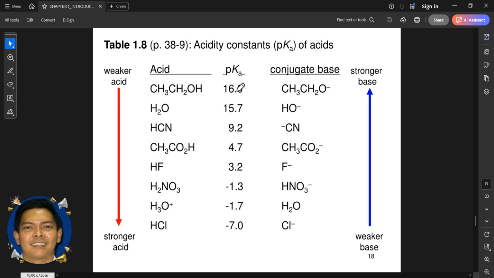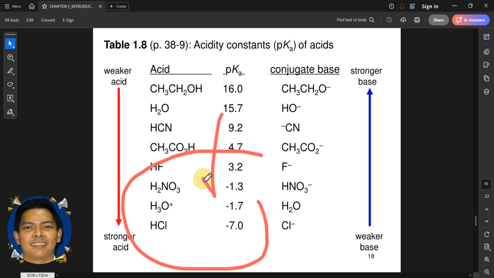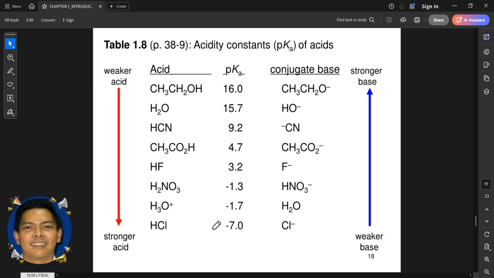You can see the acidity constant: the acid becomes stronger going through the table, whereas the conjugate base becomes weaker.